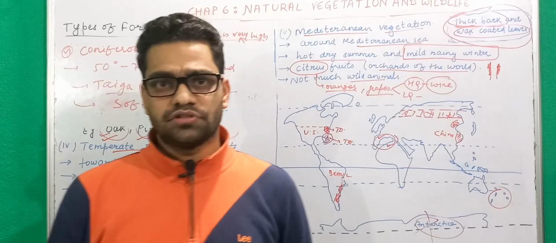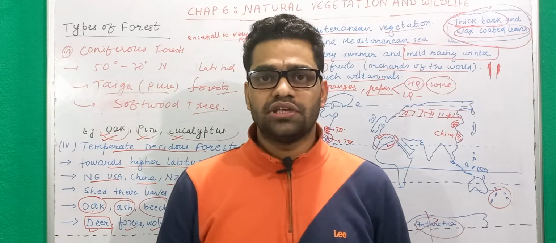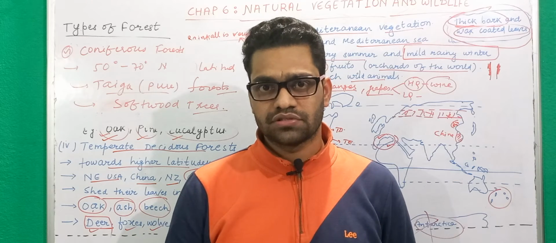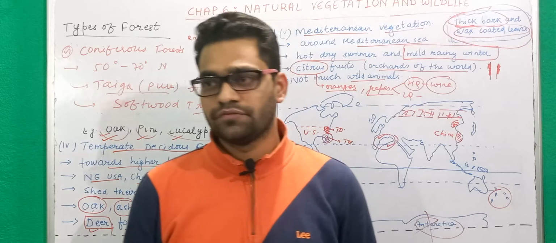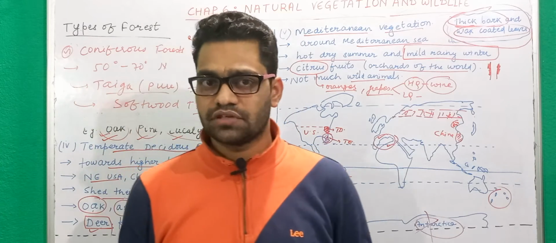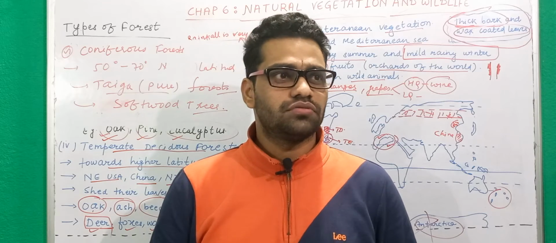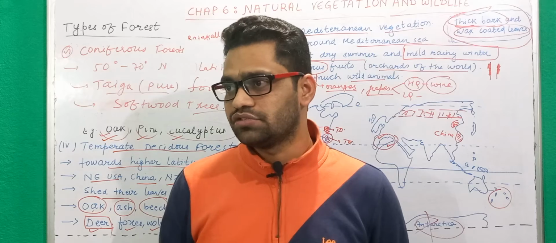What you have to remember is the area in which they are located, and if you can remember some tree names or the animals that are found, that will be better for you. This is a chapter which does not have many concepts, so you have to go through the facts again and again, so as to remember them.